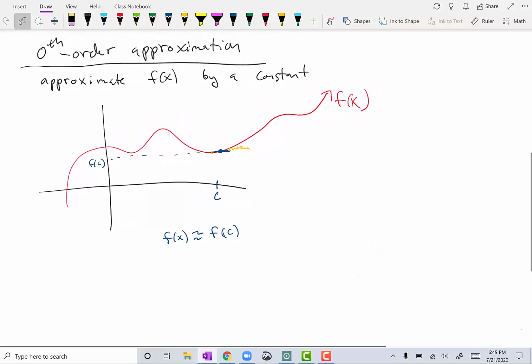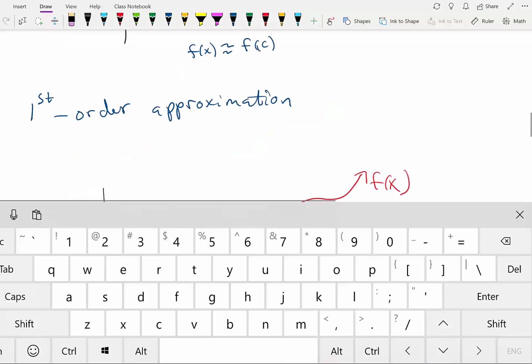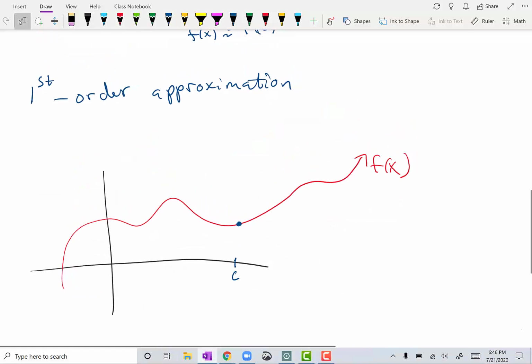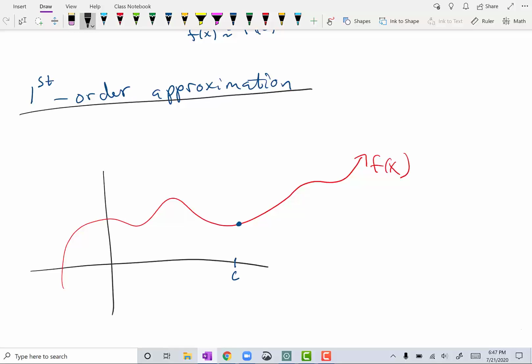Then the next best thing you could do is what's called the first order approximation, which would approximate f of x near some value c by a line.